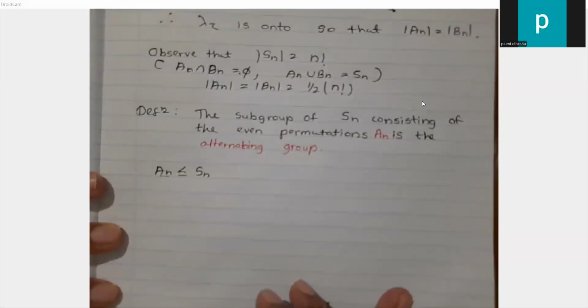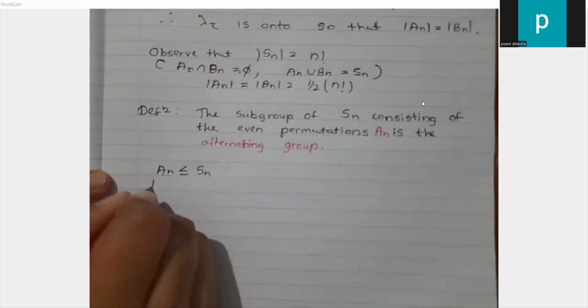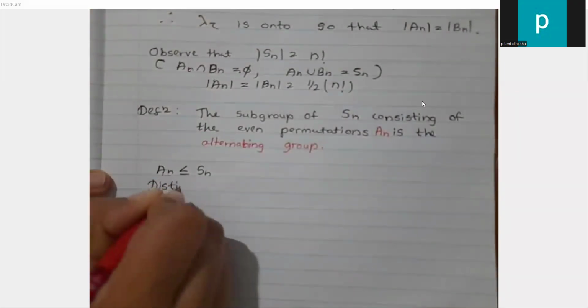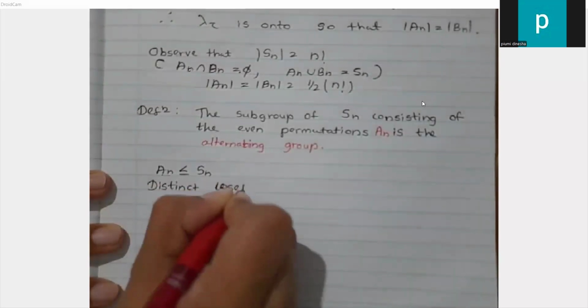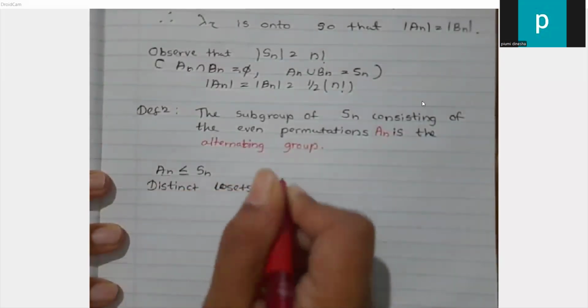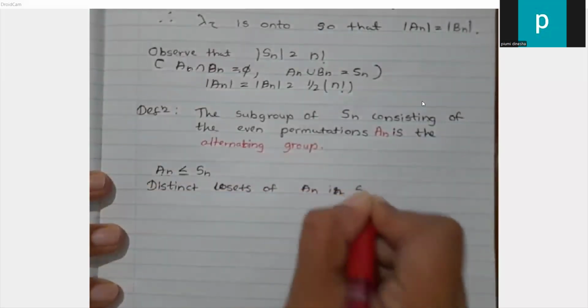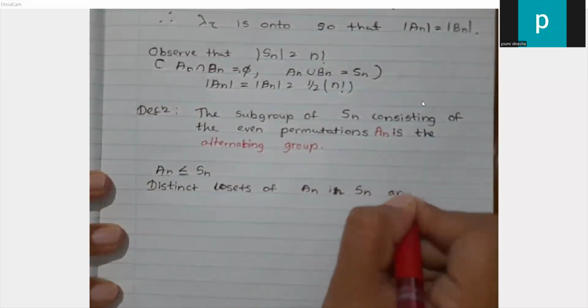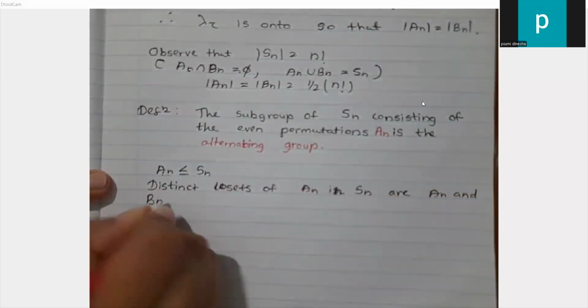Let me list them all down. First, the distinct cosets of An in Sn are An and Bn.